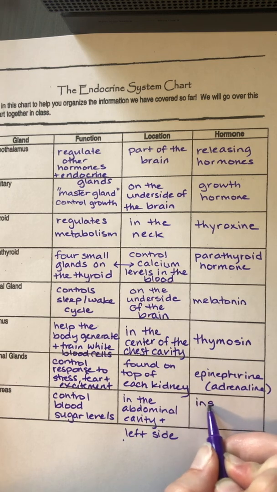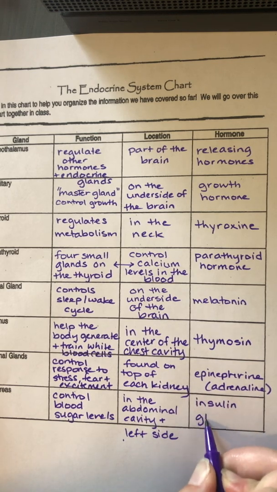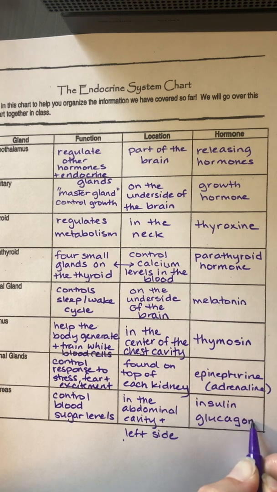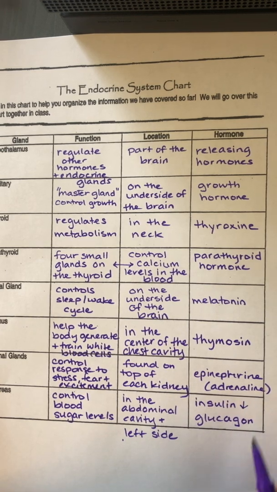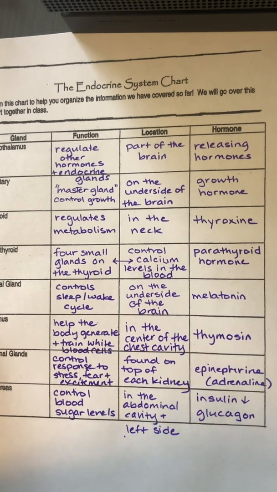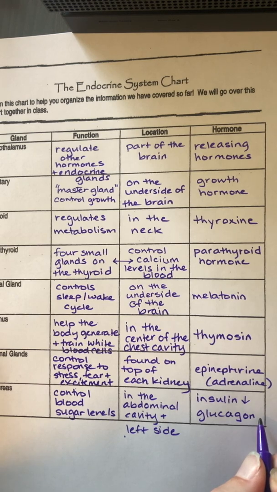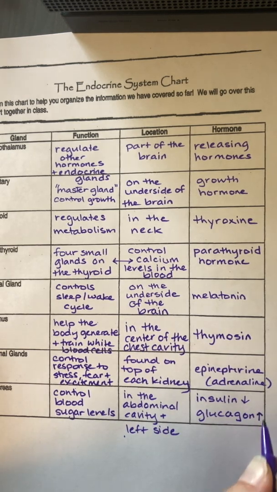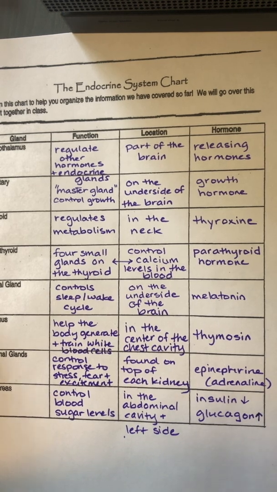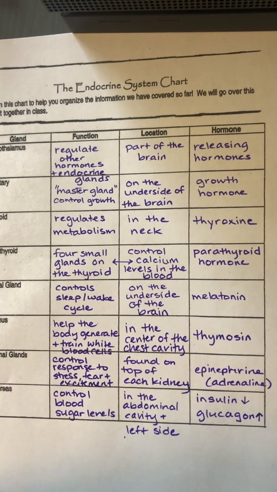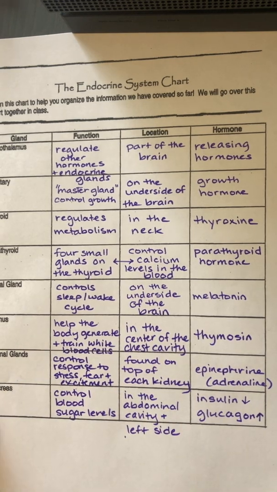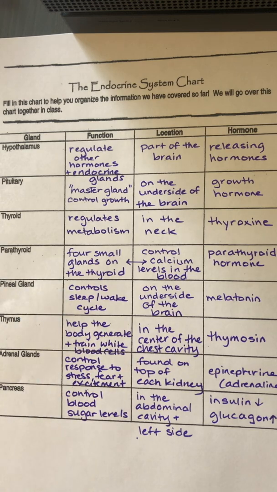The primary hormones are insulin and glucagon. If you remember, insulin lowers blood sugar by causing your cells to absorb sugar that you eat out of your blood and into the cells. Glucagon is a hormone that comes out if your blood sugar drops too low. When your blood sugar drops low, it will actually cause your body to produce sugar and then put that into your bloodstream. So it will raise your blood sugar to keep you from having negative side effects from low blood sugar. All right, that is the endocrine system chart.